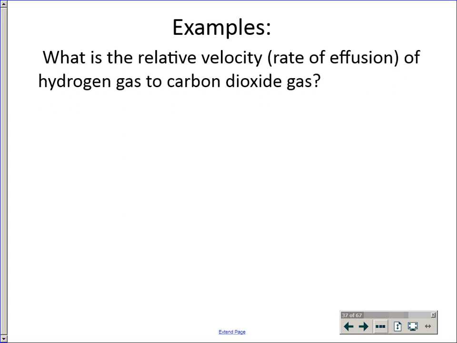Listen, Katie. All right, so we're reading, we see the relative velocity, right? So that's talking in comparative fashion between hydrogen gas and carbon dioxide gas. You guys with me? Okay, so here's my tip for you. Anytime you're doing this, you're doing A versus B, make A your lighter gas.